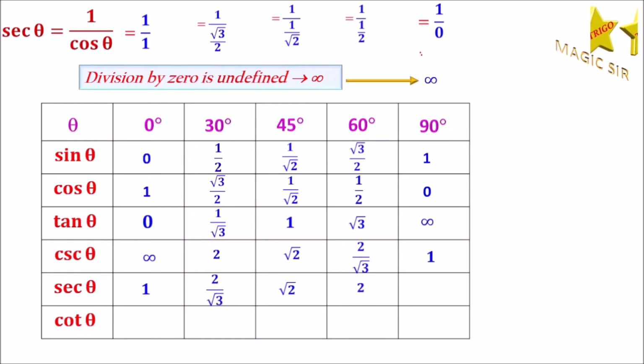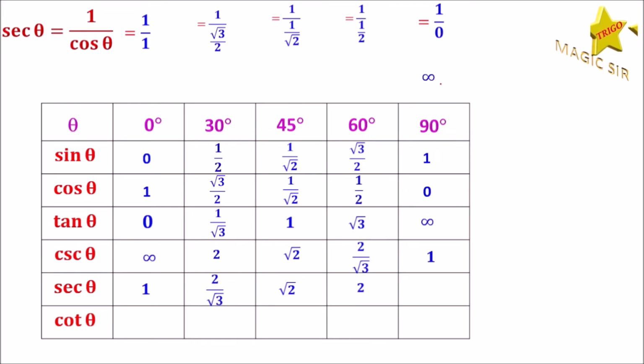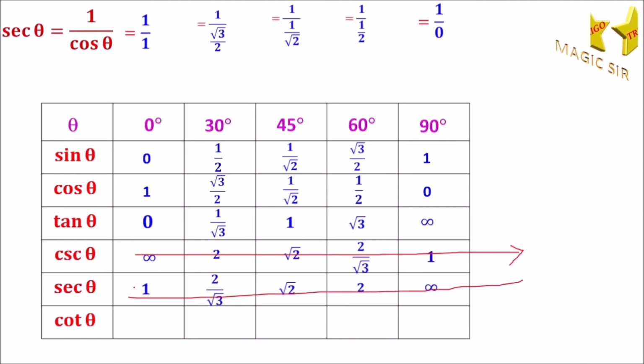Hence, we have sec 90 degrees is equal to infinity. Now compare the order of these values of cosec theta and the order of values of sec theta.